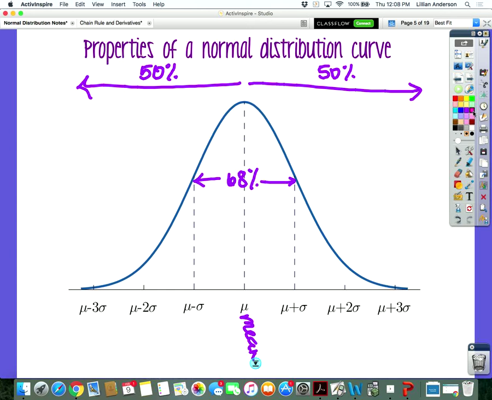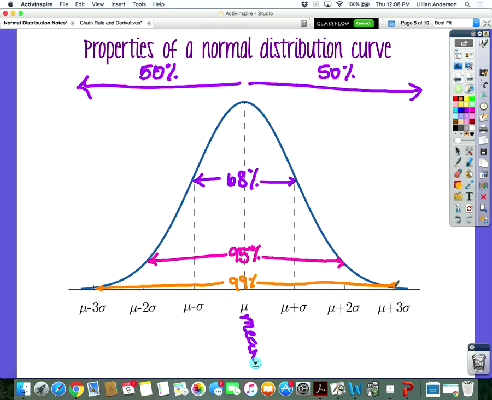Within two standard deviations of your mean, that is 95%. And within three standard deviations of your mean, it's not 100, it's 99%, because this curve is asymptotic to your x-axis.